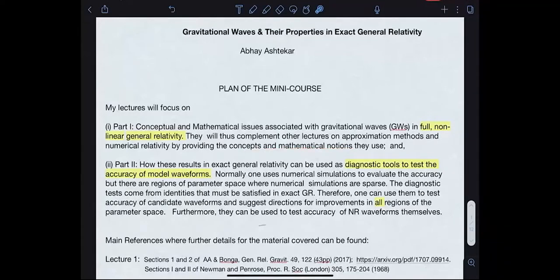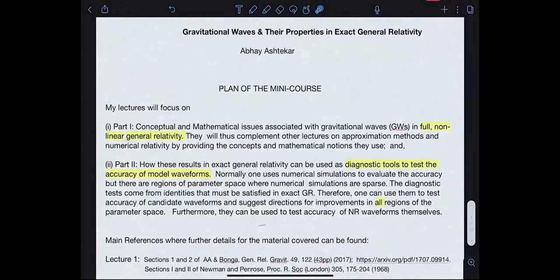These lectures will provide the foundation for the concepts and the mathematical tools or notions that are used in the approximation methods like post-Newtonian methods, and also the conceptual tools that are used in numerical relativity, some of them, not all of them. And in the second part, we'll see how results in exact general relativity can be used as diagnostic tools to test the accuracy of the waveform models.